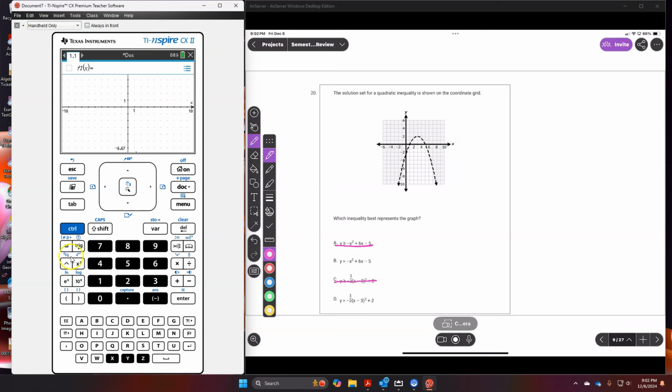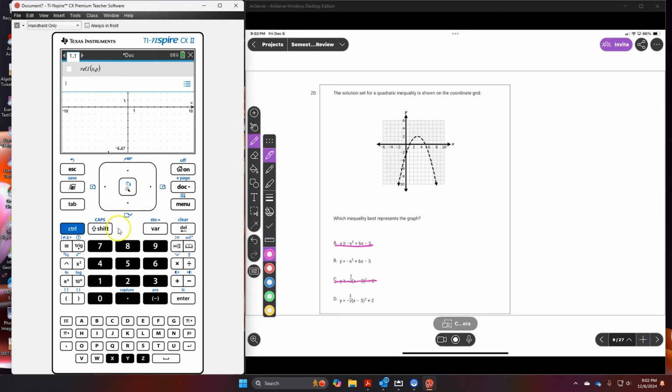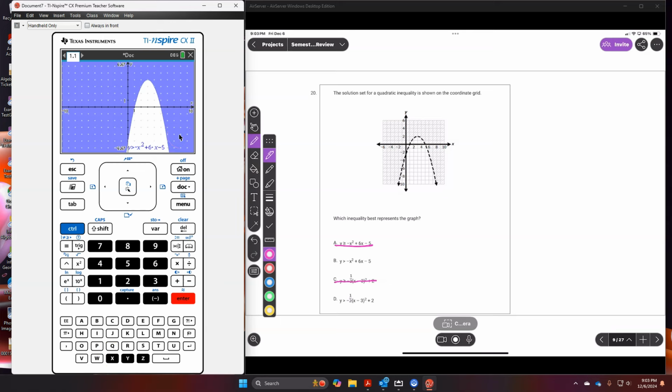I'm going to go to menu, graph, relation. So we have y is greater than -x squared plus 6x minus 5. And that appears to be the answer. So the answer is B.